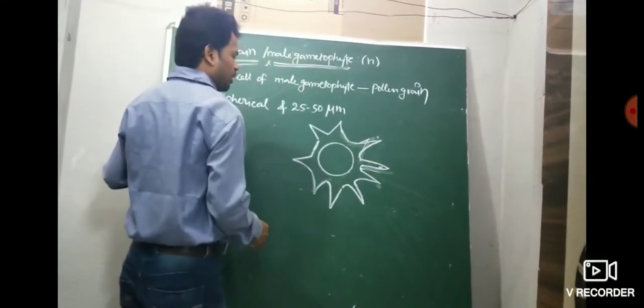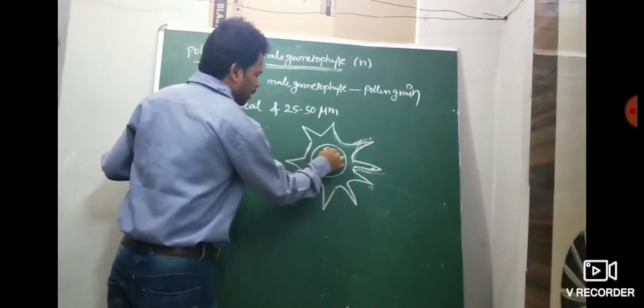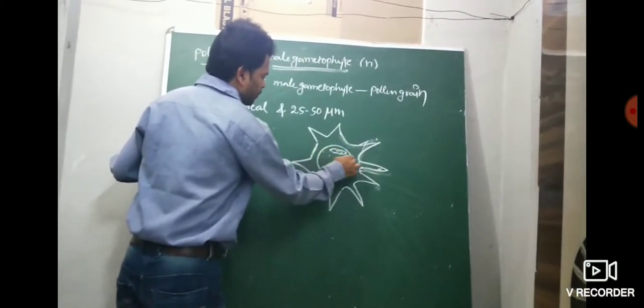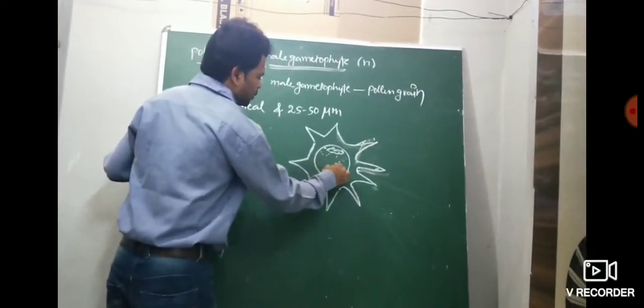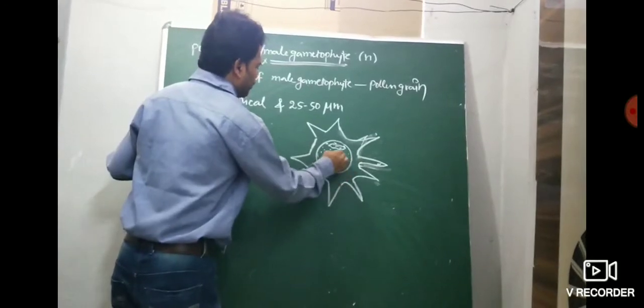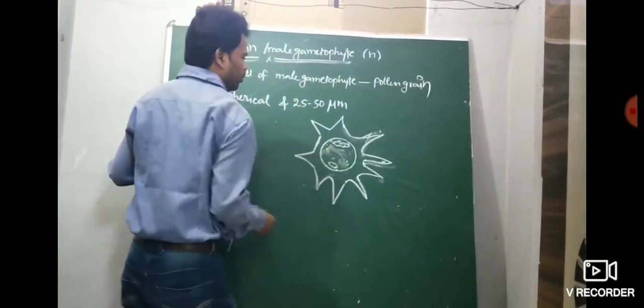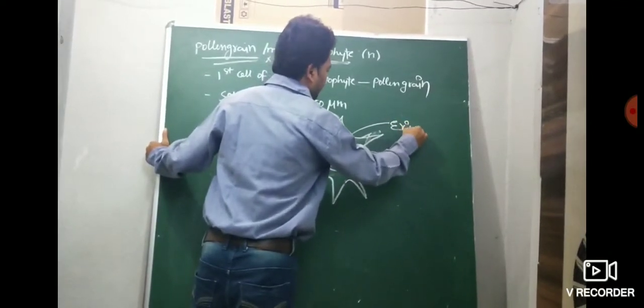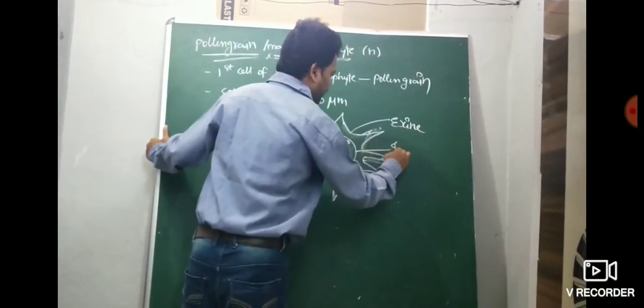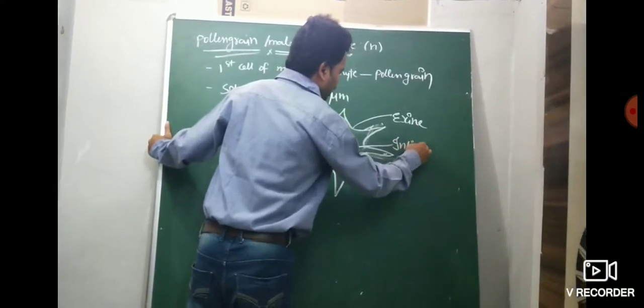This is the pollen grain structure. This is the irregular nucleus. This is a spindle shaped nucleus. This is the exine, E-X-I-N-E. This is the intine, I-N-T-I-N-E.